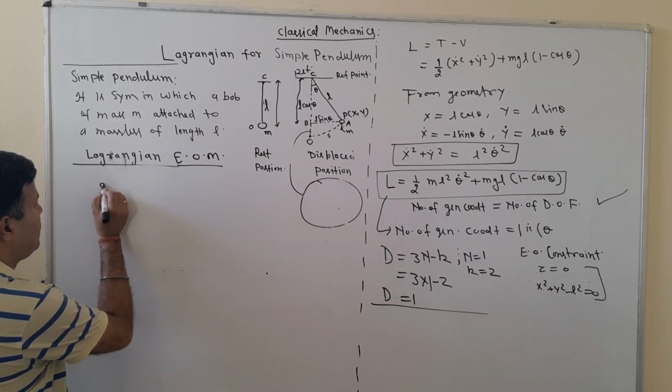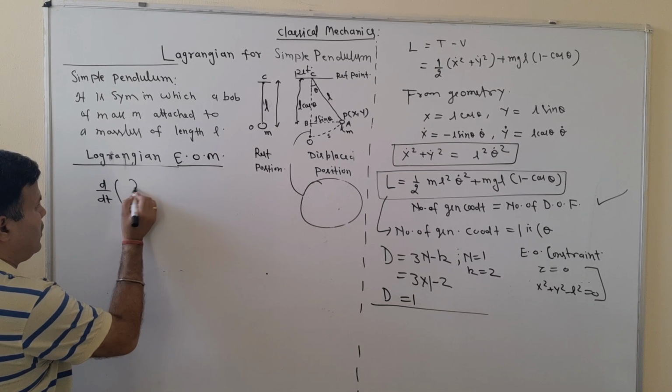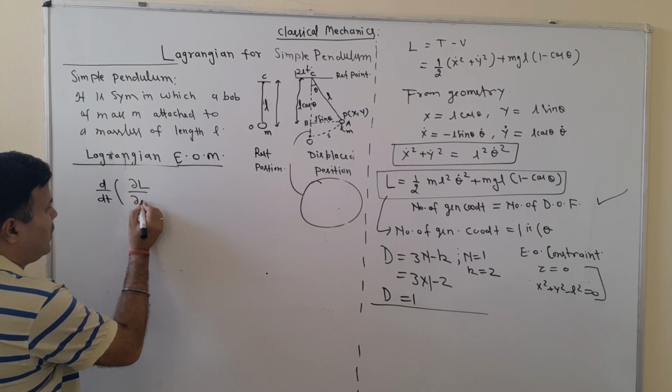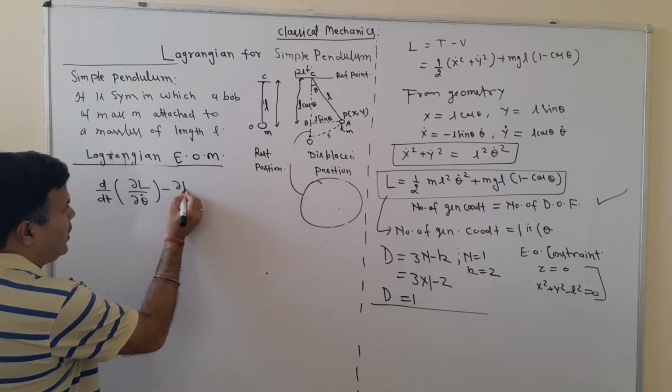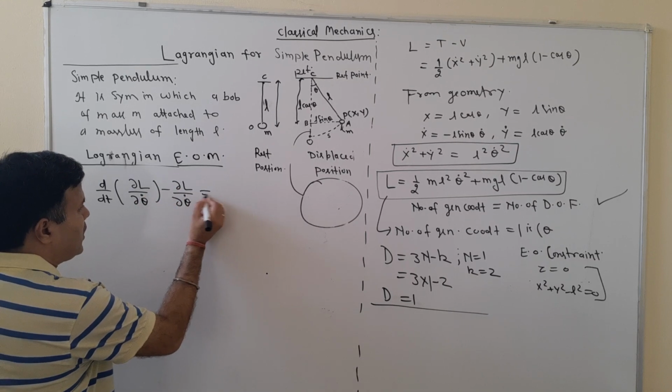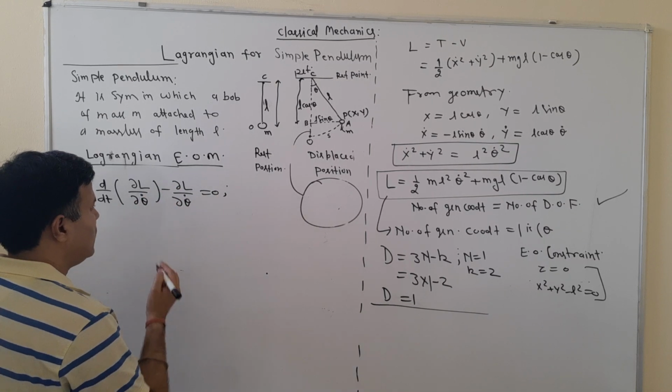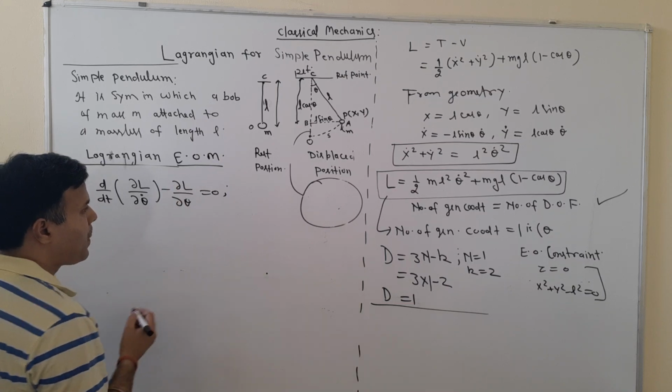So d by dt of del L upon del theta dot, minus del L upon del theta, is equal to 0, where q_k is theta.